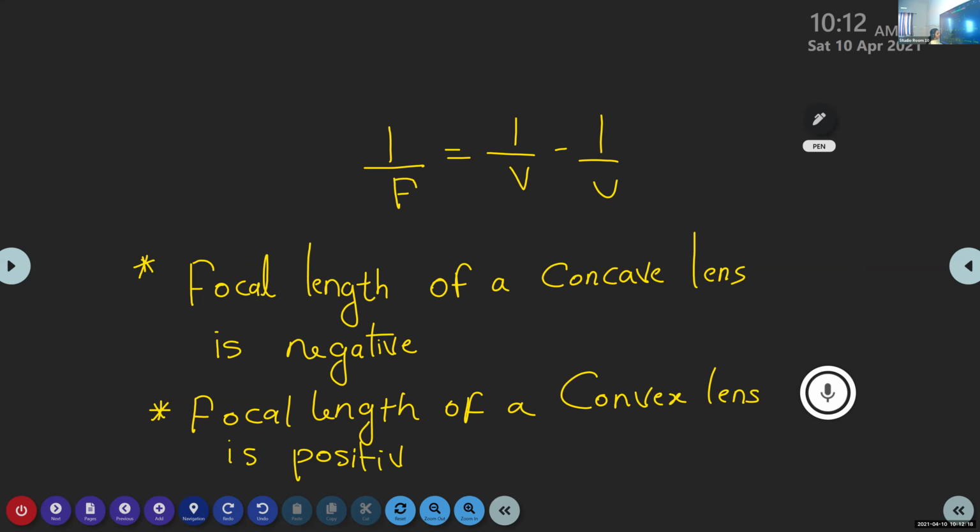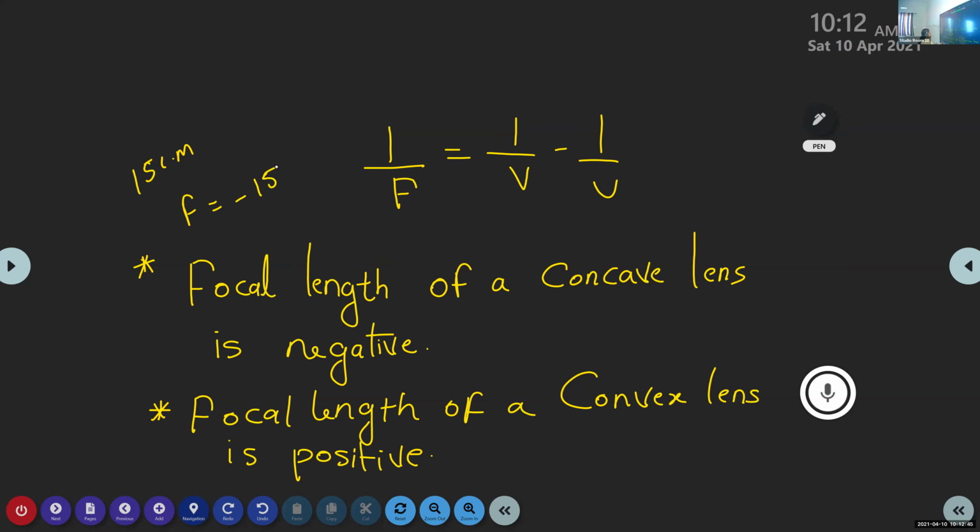So when you do the numericals, you must be thorough with this idea. The focal length of a concave lens is negative and the focal length of a convex lens is positive. Sometimes in your question, the focal length is given as 15 centimeter for a concave lens, but when you start to solve the problem, you must write f is equal to -15.